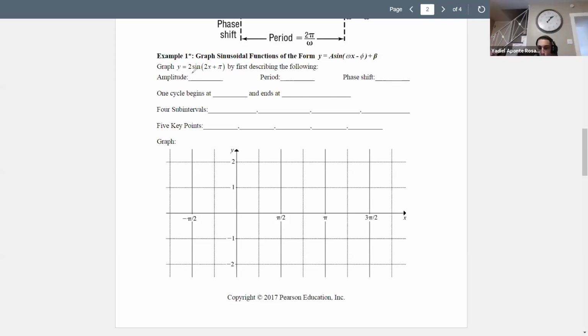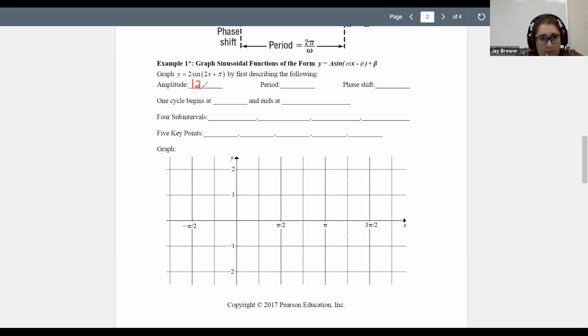Wouldn't it be 2? And I am going to put it into the absolute value because I want you guys to get into the habit of doing that, because your amplitude, when you're asked just for the amplitude, is always going to be a positive.